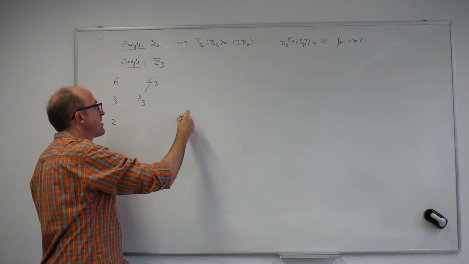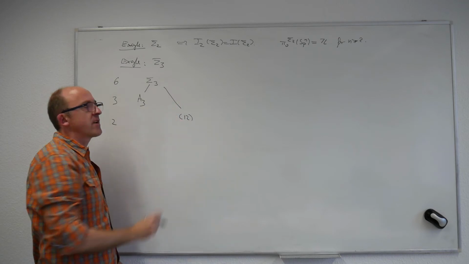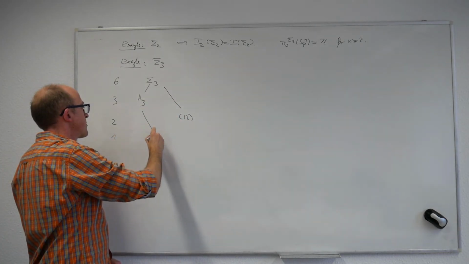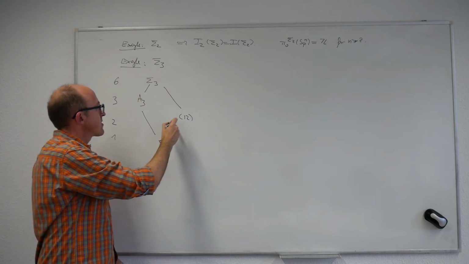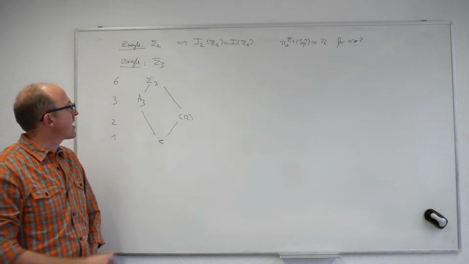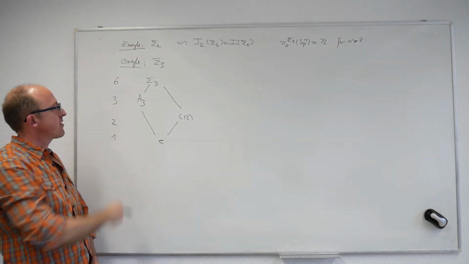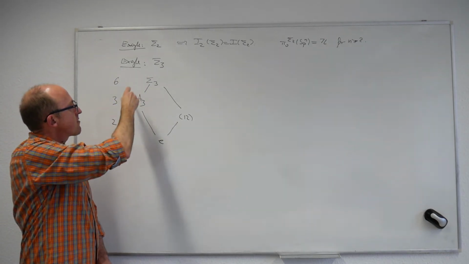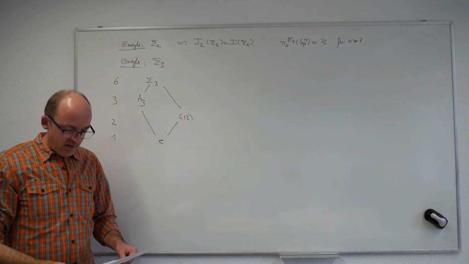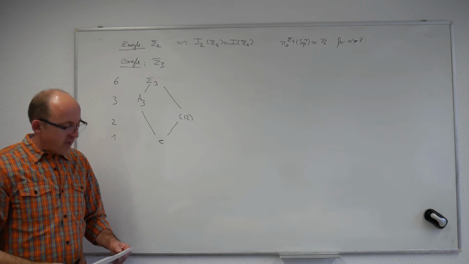Then we have the subgroups of order 2 generated by any of the 3 transpositions, and we have the trivial subgroup. So this diagram records the conjugacy classes of subgroups, their relative containments, and you can get at the indices because I've written the orders on the side. These 3 groups are normal, this one's not normal, so there's 3 in this conjugacy class.